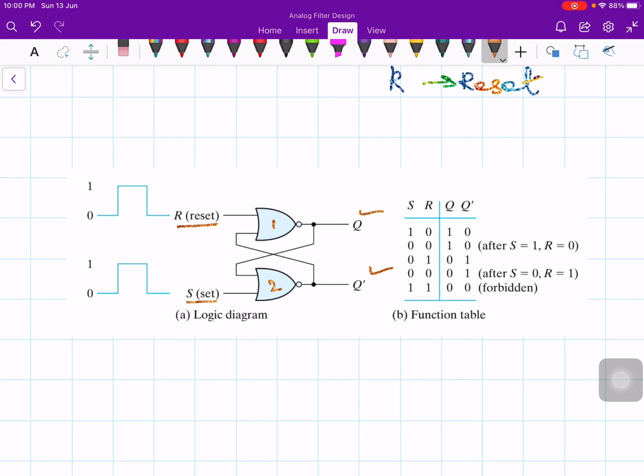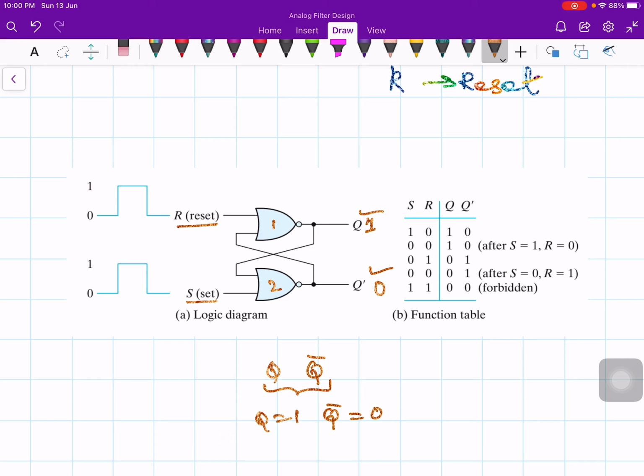And this latch has two useful states. Okay, the important point to analyze the circuit is to look at the output. So I have two outputs, Q and Q bar. That means the outputs are complement of each other. If Q is 1, then Q bar must be 0.